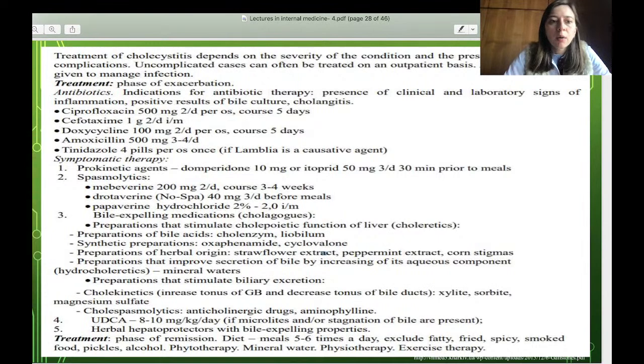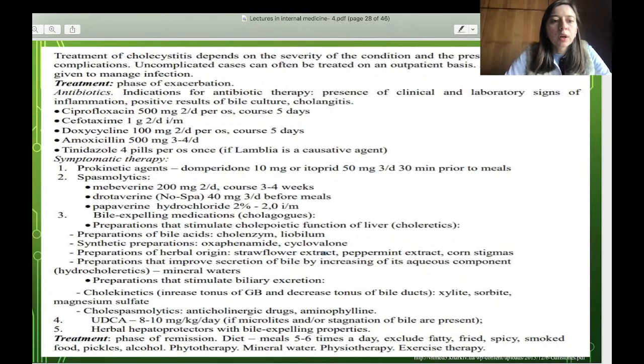For example, preparations of bile acid, coenzyme, liobil, synthetic preparations, oxafenamide, cyclovalon, preparations of herbal origin: straw flower extract, peppermint extract, corn stigmas; and preparations that improve secretion of bile by increasing its aqueous component, mineral waters; and preparations that stimulate biliary extraction, prokinetics, xylitol, sorbitol, magnesium sulfate, and cholecystokinin.